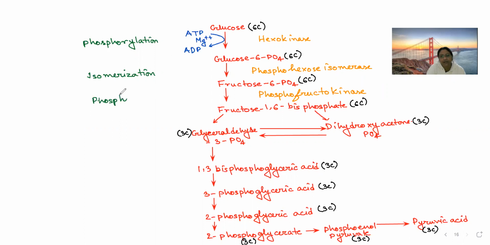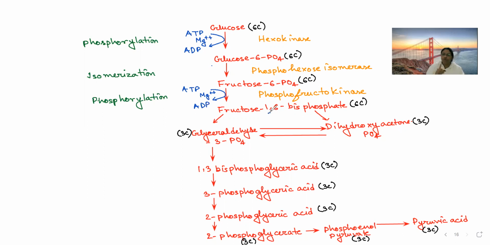One phosphate group was there earlier, now the second one has come, so it will be a phosphorylation reaction. That means here also there will be conversion of ATP, which is having magnesium as a cofactor, to form ADP, and the inorganic phosphate is added here.